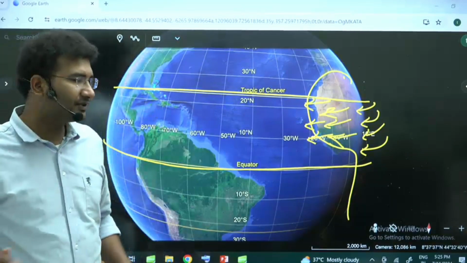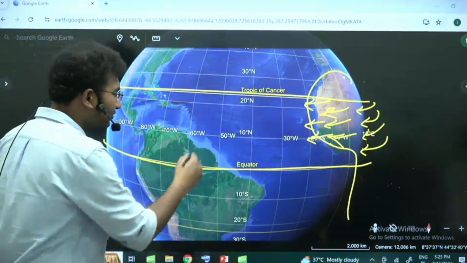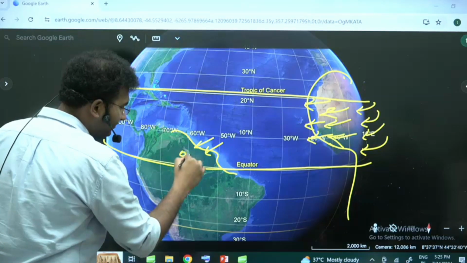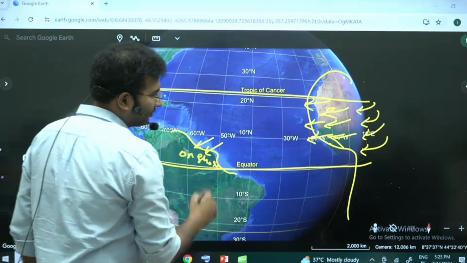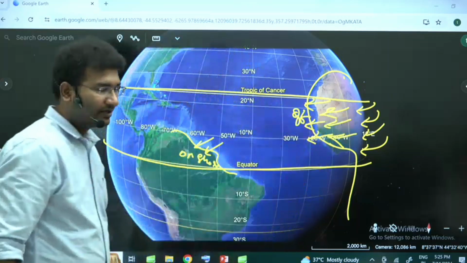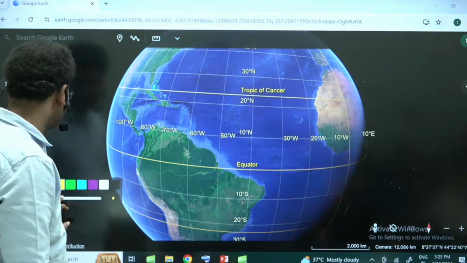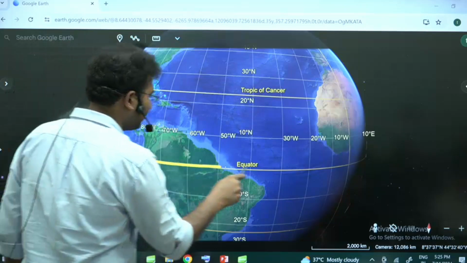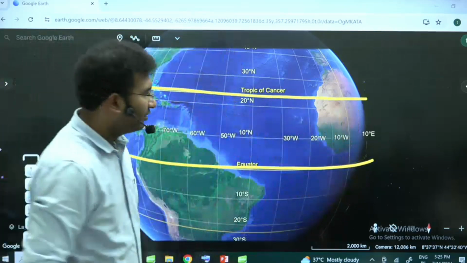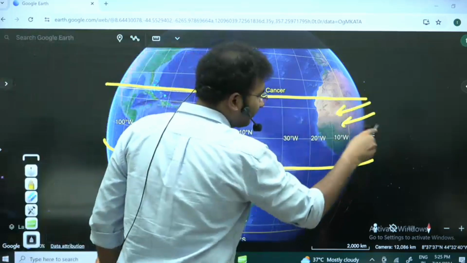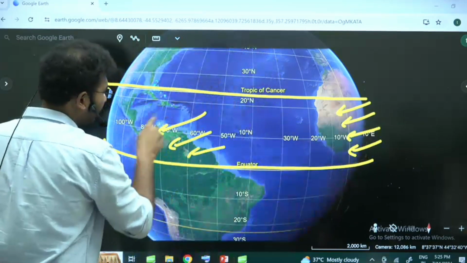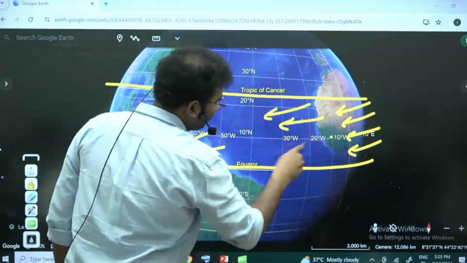Offshore. If the winds are coming onto the continental area, for them this is onshore. If the winds are moving away, this is offshore. Again, we are trying to understand how the winds are going to influence the water. As the winds move away from Africa, they enter into South America, this is how the winds are moving.